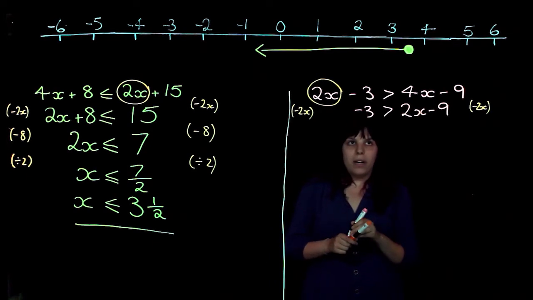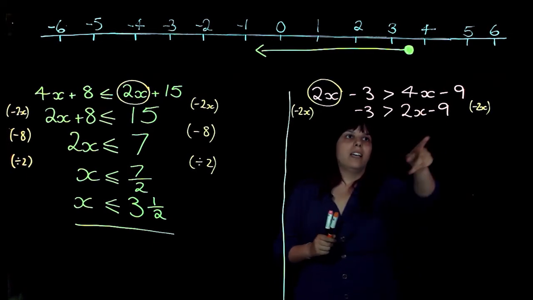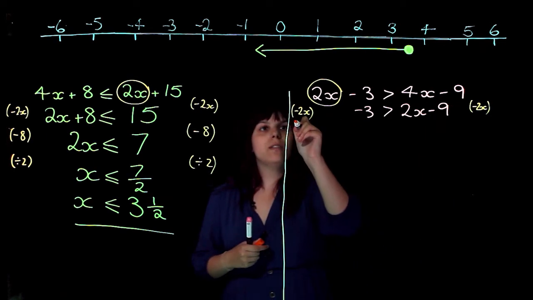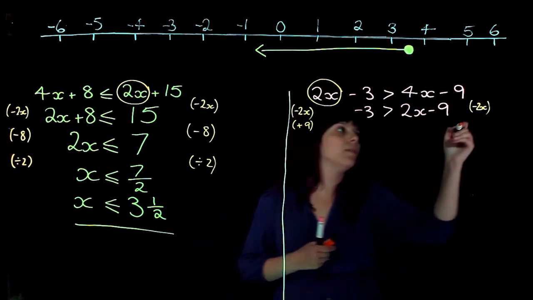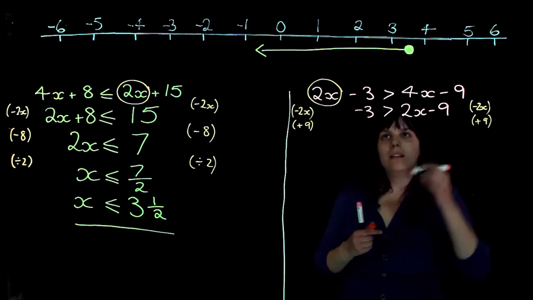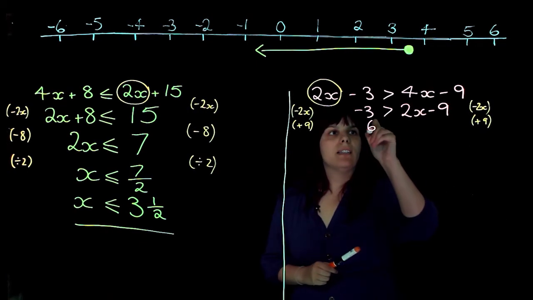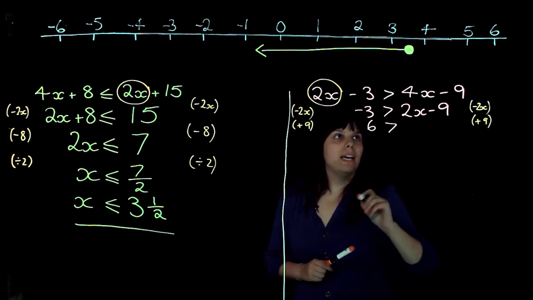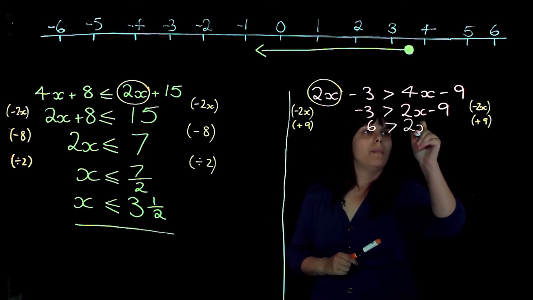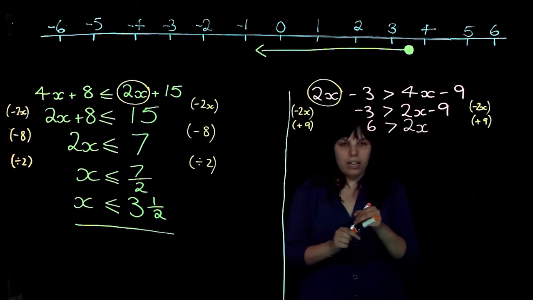And now what I'm going to do is get rid of my minus 9. So that's plus 9 to both sides. So minus 3 plus 9 is 6, which is bigger than 2x, because minus 9 plus 9 is just 0.